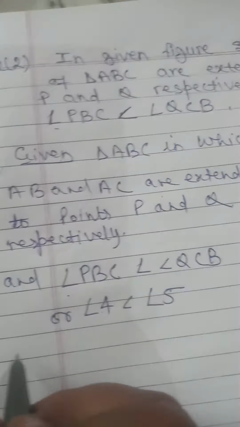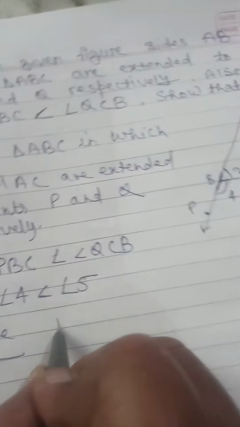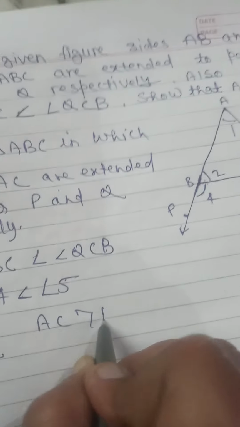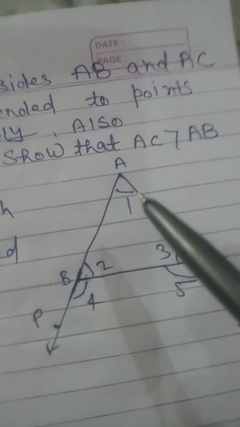Now to prove: AC is greater than AB. Last step is proof. In triangle ABC, these angles 4 and 5 are exterior angles of triangle ABC.